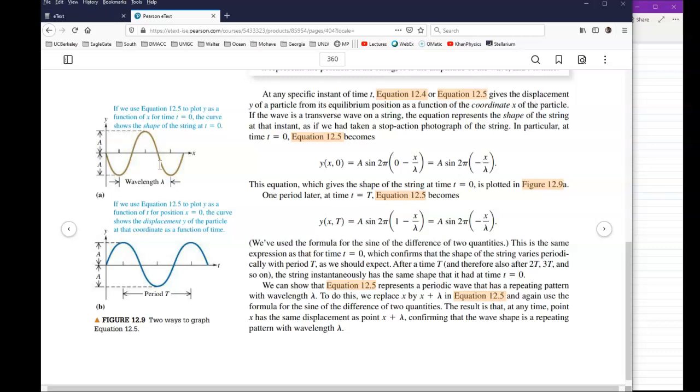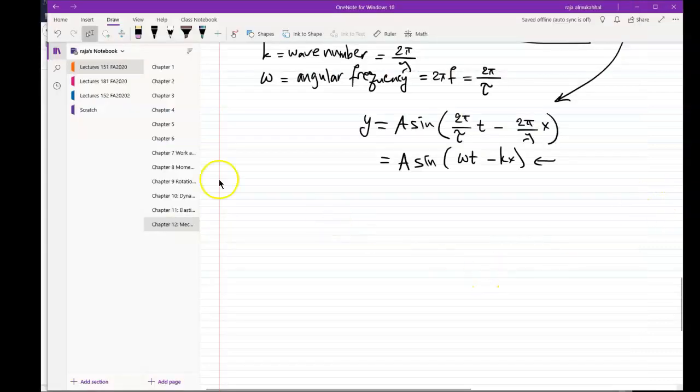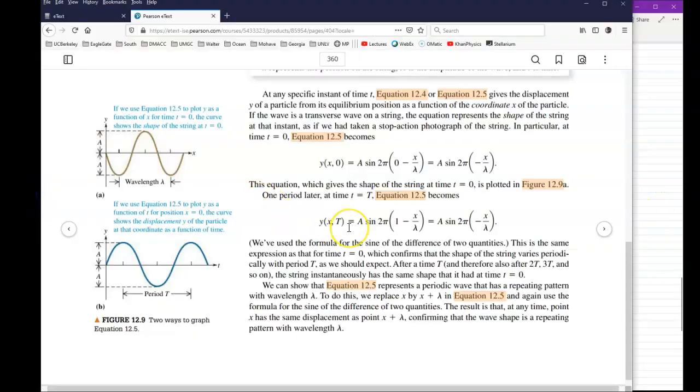The next topic is sound intensity. This is an interesting topic. I hope you'll find it fun. I'm trying to find what section it is.